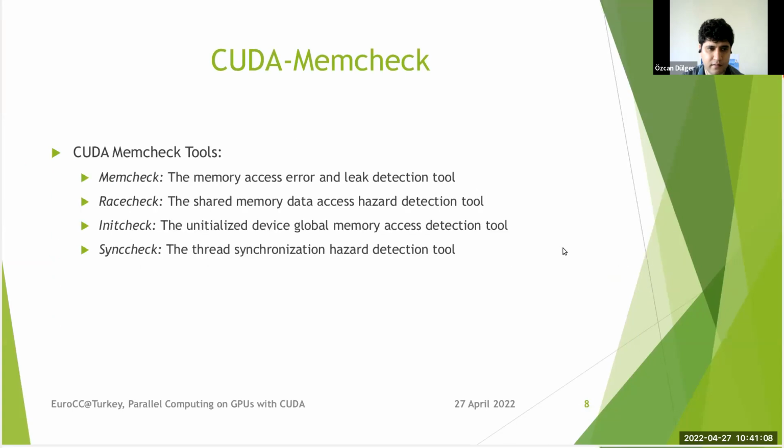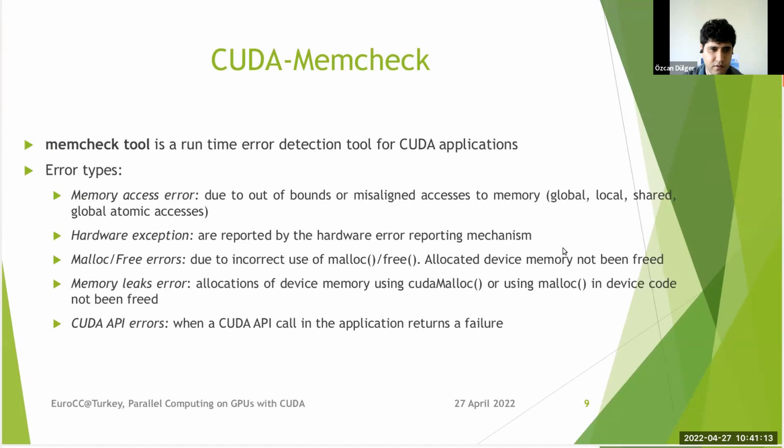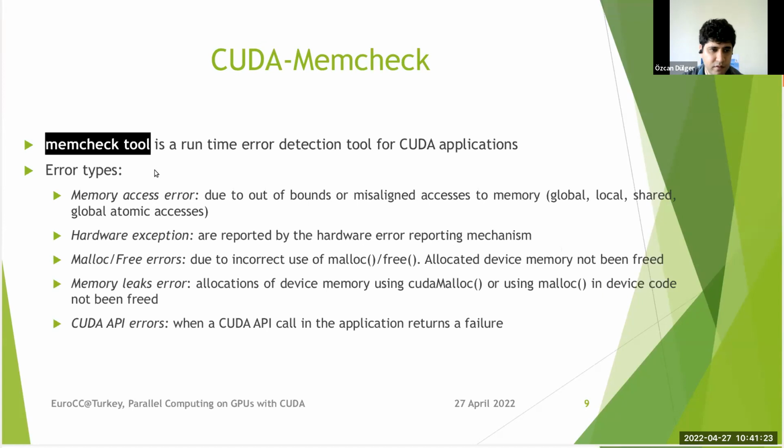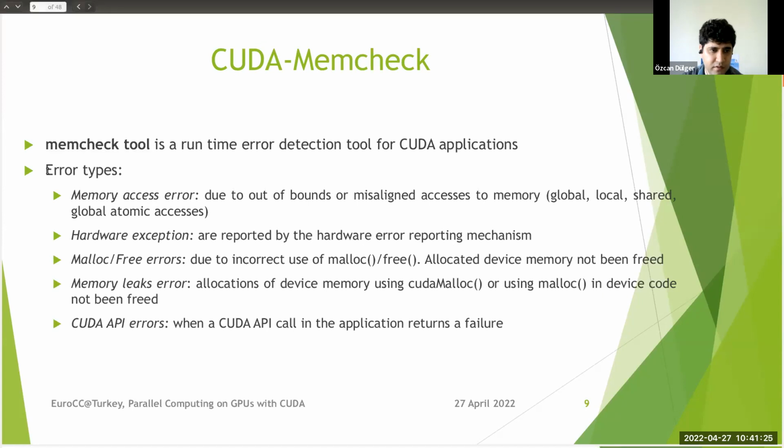Okay, let's continue with the first tool of CUDA memcheck, which is the memcheck tool. It is a runtime error detection tool for CUDA applications. There are some error types, and this tool tries to detect them. Let's look at the errors here. The first one is memory access error.